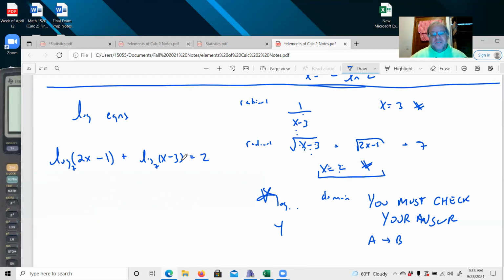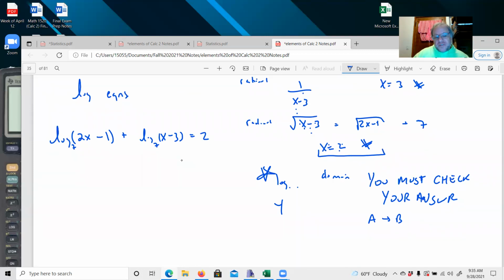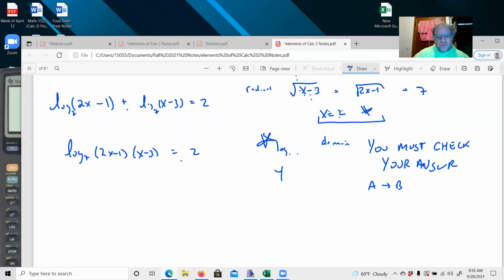The way you're going to have to solve this is, first thing, put these together. So this is log base 7 of (2x minus 1)(x minus 3) equals 2. We have to factor this out, or FOIL this out.